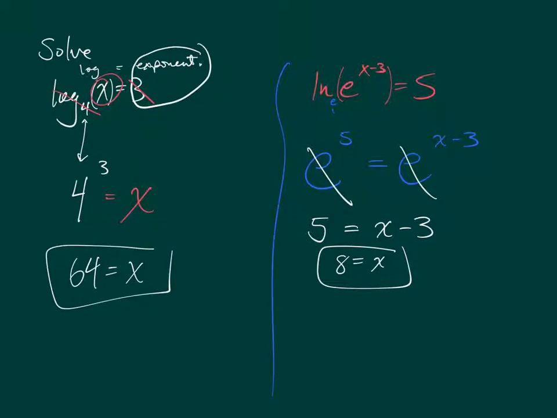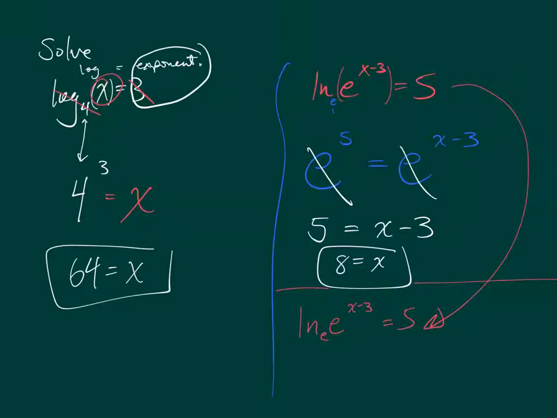Now, if you see a shorter way of doing this, being the natural log of e to the x minus 3 equals 5, this can be reduced right away. This expression.